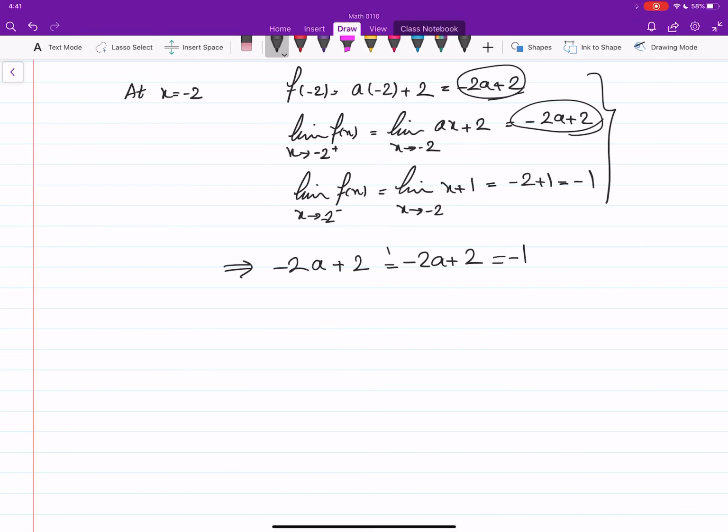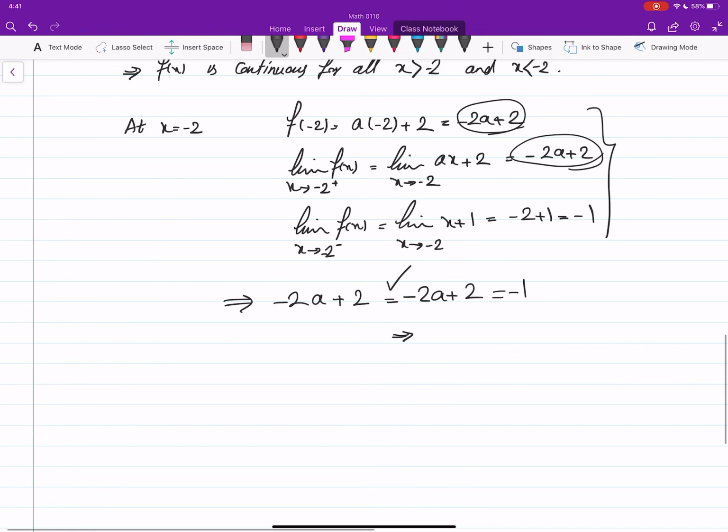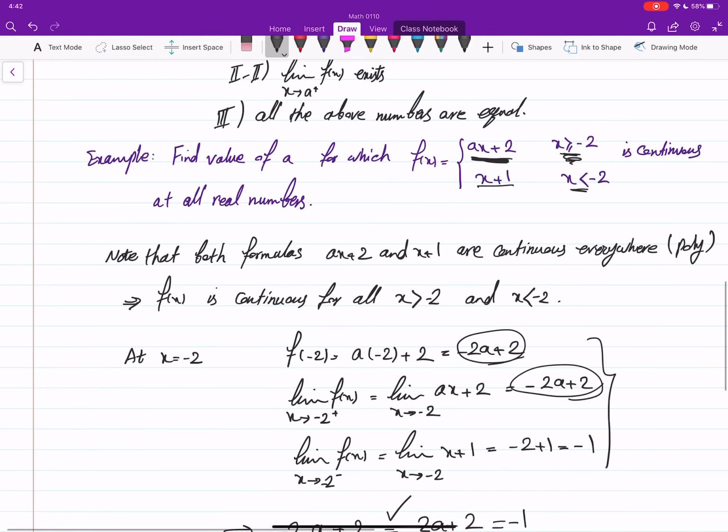These two are already equal, so we have to solve this equation. What this gives us is an equation in terms of a. That's something you have to always keep in mind, that we are basically trying to get an equation and then solve it for a, and that is how we get the value of a. If a is 3/2, the function is going to be continuous at -2.